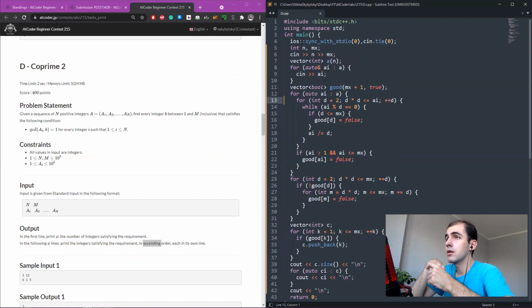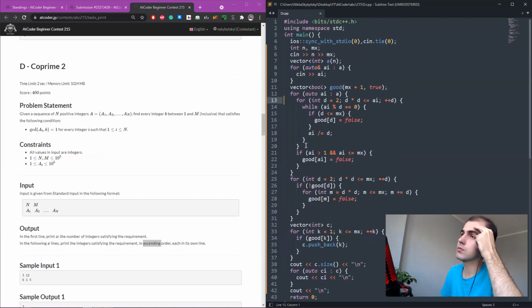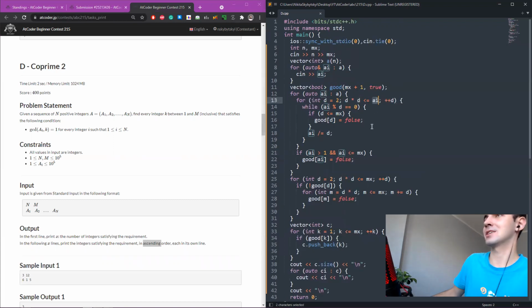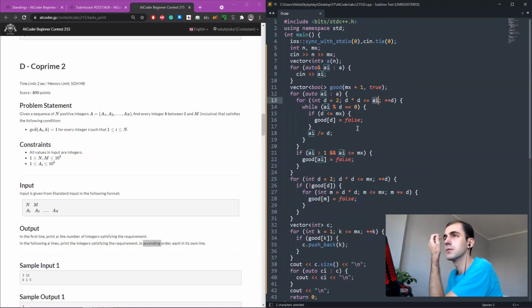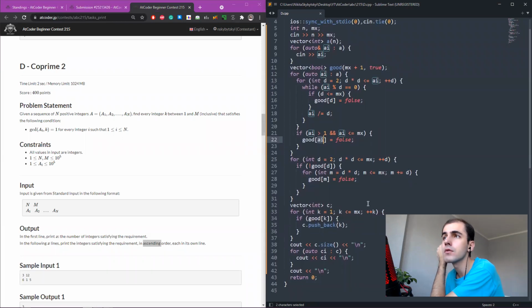We then check if ai still has any prime divisors, namely if it is a prime, because if it has 2 prime divisors at this point, then both of them are at least d, and therefore d squared is less than or equal to ai. So here ai can only be a prime number between 1 and mx inclusive. We label the corresponding entry of the table with false.